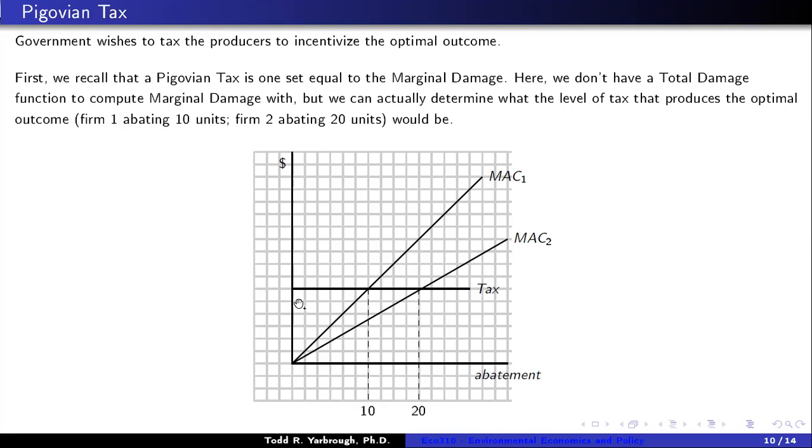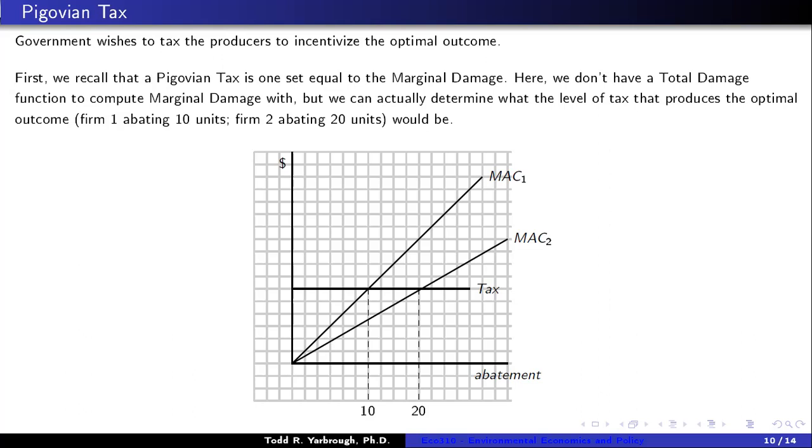Okay, so think about what the trade-off is for each firm. They either abate their pollution, or they pollute and have to pay a tax. So in either scenario, they face a cost. If they abate their pollution, they have to pay to reduce it. If they pollute, they have to pay to pollute.